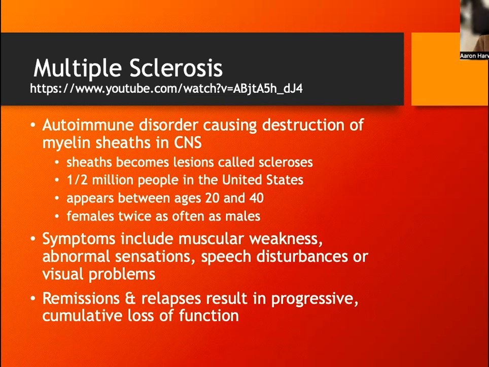The onset is between ages 20 and 40, and females are about twice as likely to contract it as males. The symptoms include muscular weakness, abnormal sensations, speech disturbances, or even visual problems. And remission and relapse result in progressive cumulative loss of function.